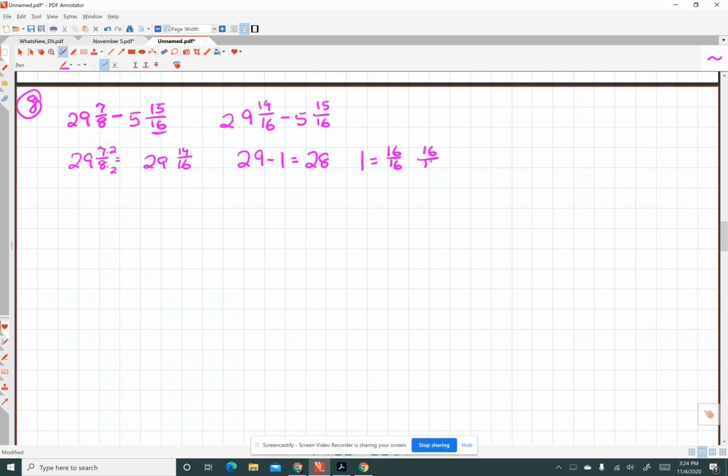And I will add 16 over 16 to 14 over 16, which will give me 30 over 16. So let's rewrite that new number, 28 and 30/16, minus 5 and 15/16.